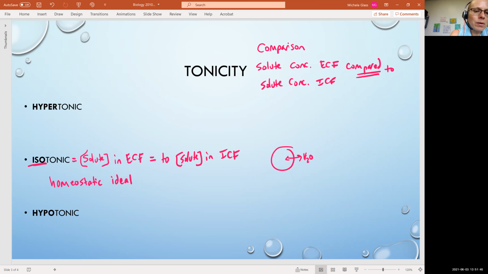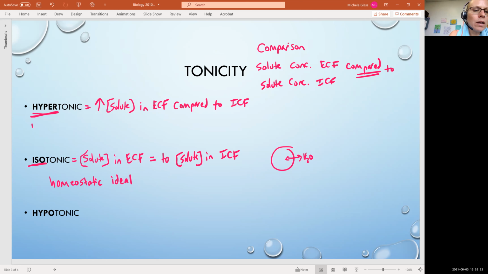Okay, hyper is up above because the prefix hyper means above, right? So hypertonic is a high solute concentration in the extracellular fluid compared to the intracellular fluid.